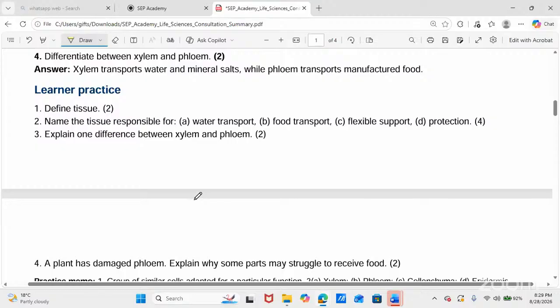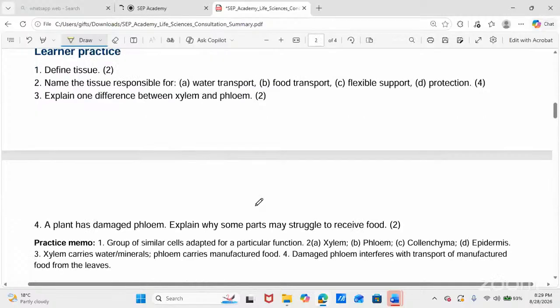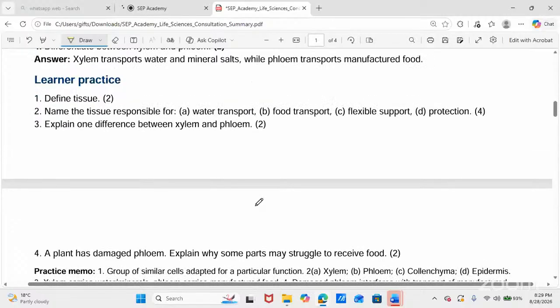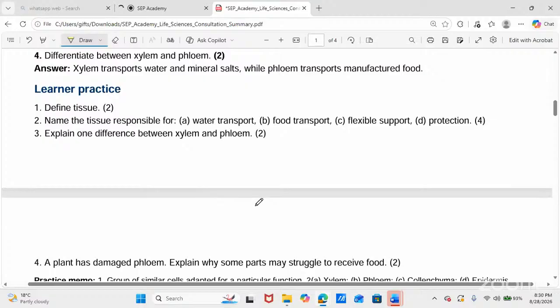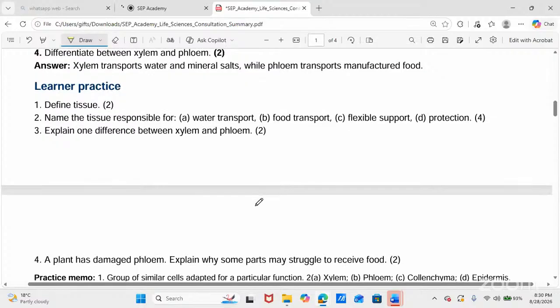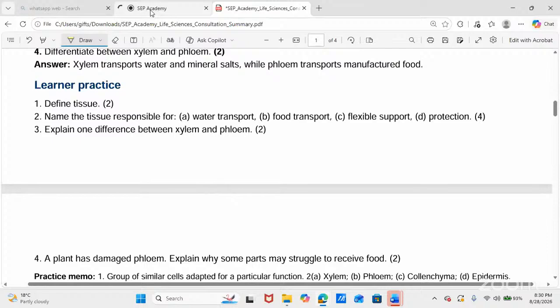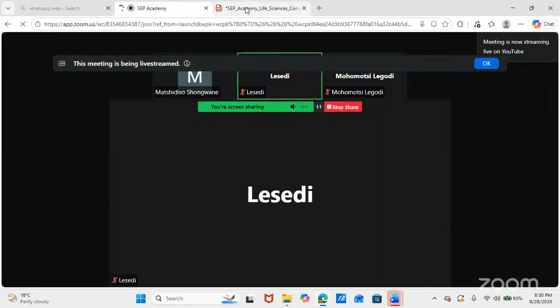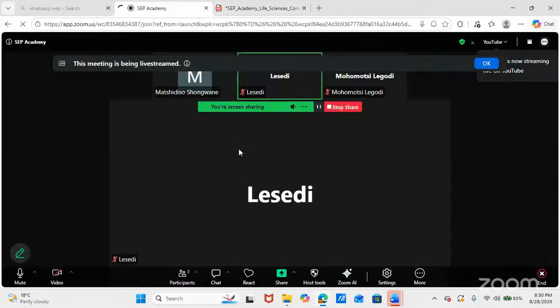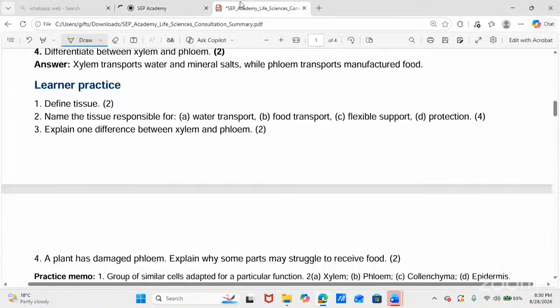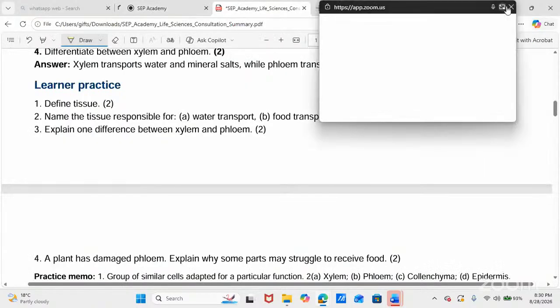And if there's anything you don't understand, you guys will tell me, because I need to move on to biomes now. So is it okay if I move on from this and then you will do the practice questions? Ma'am, you can move.